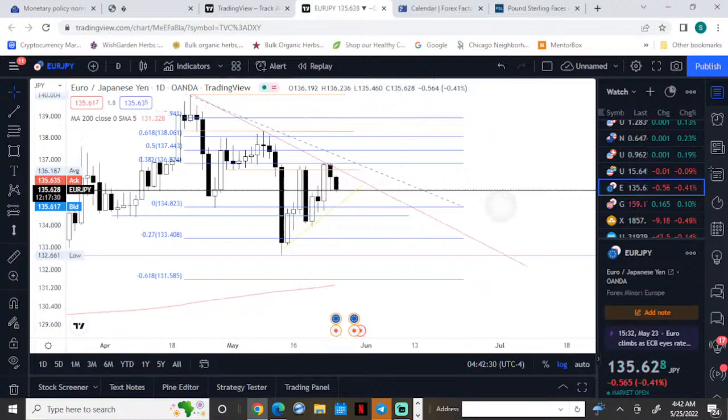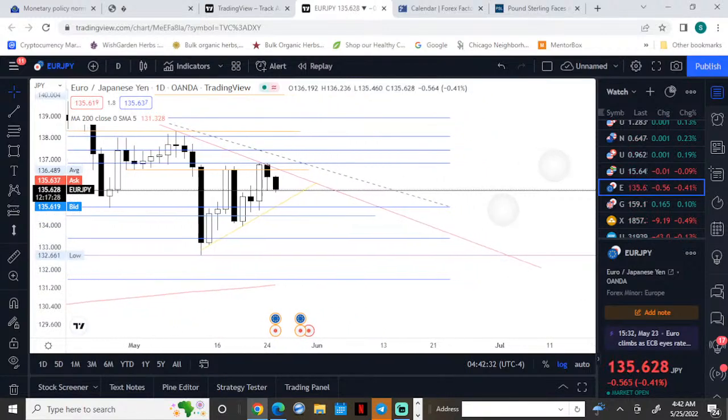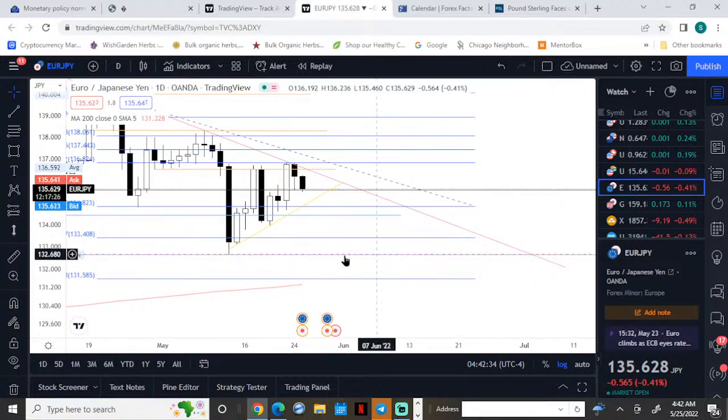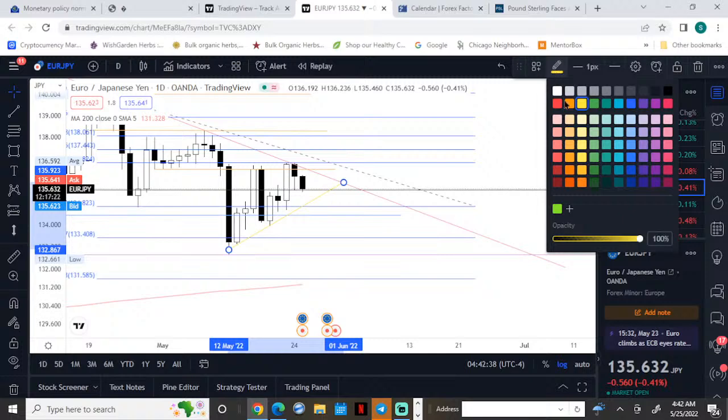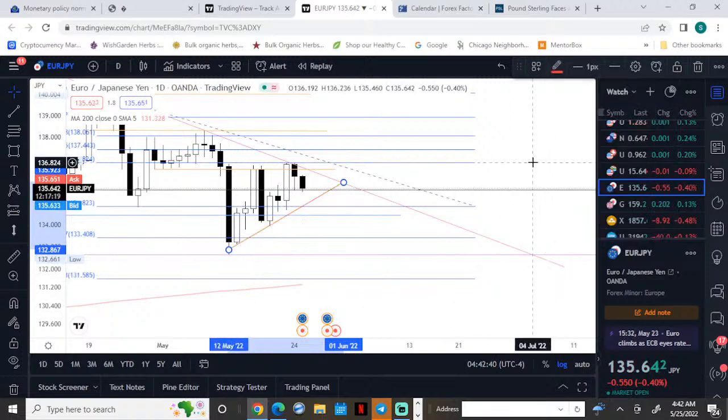I would wait. I'm going to change the color of this trend line from the hourly to the daily. We do have an ascending triangle right here. Price is making higher highs inside of these two trend lines.